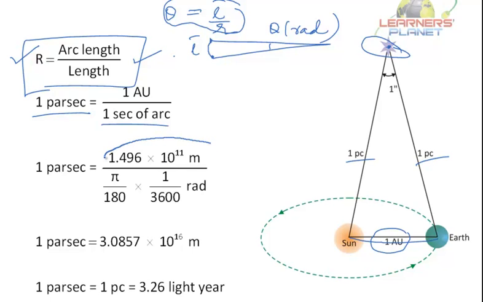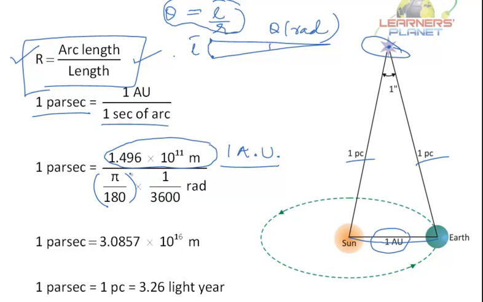Now let us see the calculation. 1.496 into 10 to the power 11 is 1 astronomical unit expressed in SI unit. And 1 second of an arc in radians: if you convert 1 degree into radians, you will get pi by 180.